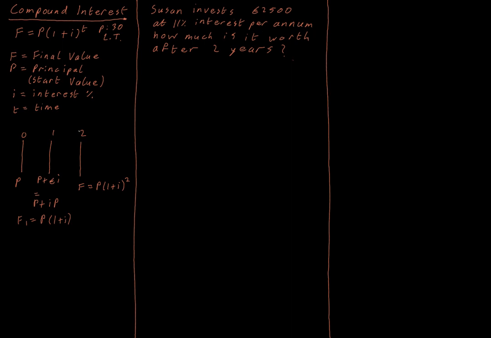Let's have a look at how we structure these problems. So we use these diagrams, these lines that have our years or our time periods counting up. And to begin with, at the present, we're at the beginning of year 1, which we can call time 0 or year 0. And that's where we have the principal, the amount of money we start with. And if we think about an investment, so we start with a particular amount of money, we put it in the bank, and after 1 year, the bank gives us a particular amount of interest.